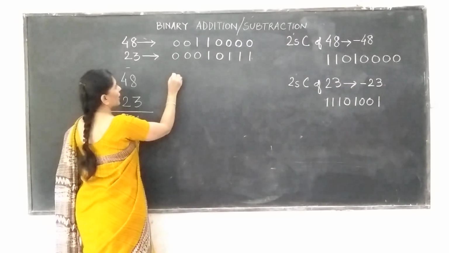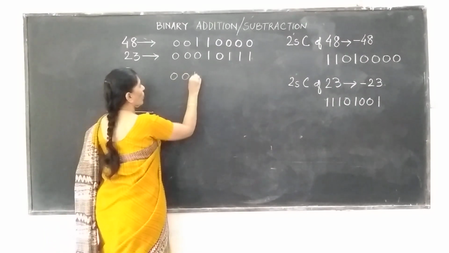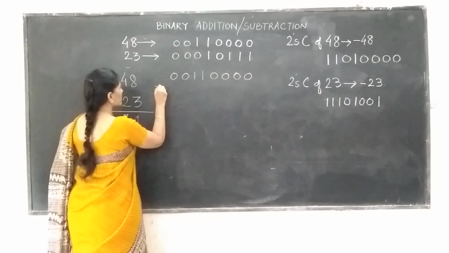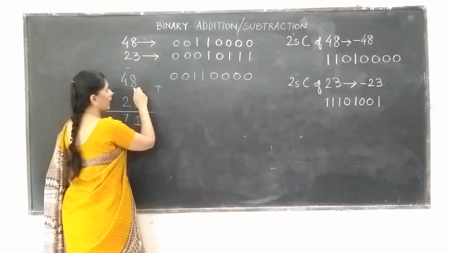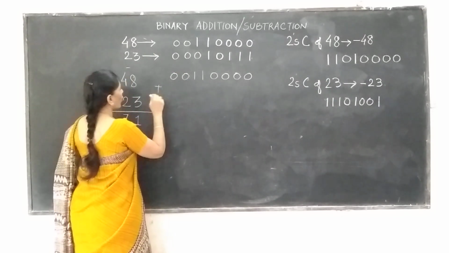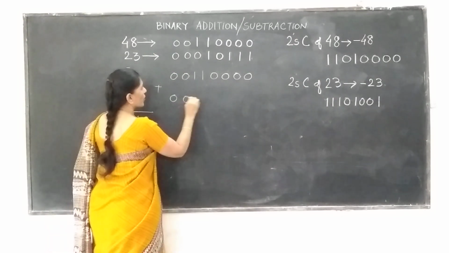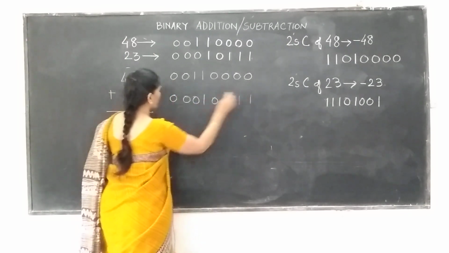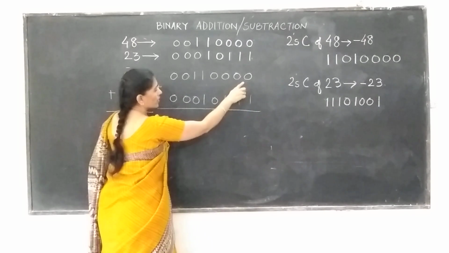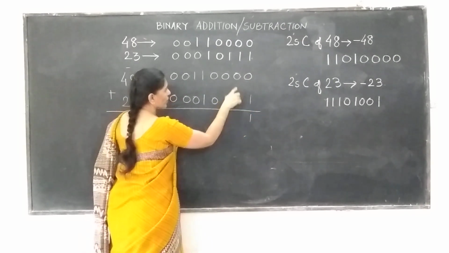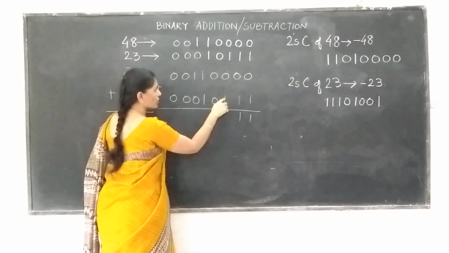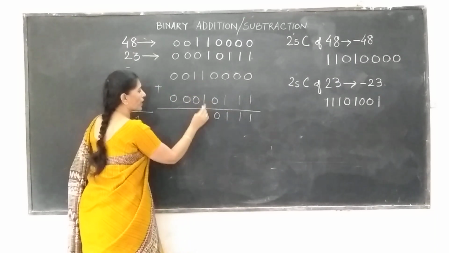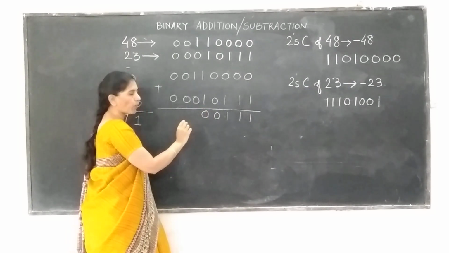So let us write the binary codes: 00110000 plus, this is the binary code for 48, then the binary code for 23, 00010111, and let us add them. 0 plus 1 is a 1, 0 plus 1 is a 1, 0 plus 1 again a 1, then a 0, then 1 plus 1 is a 2, that is 1 0.